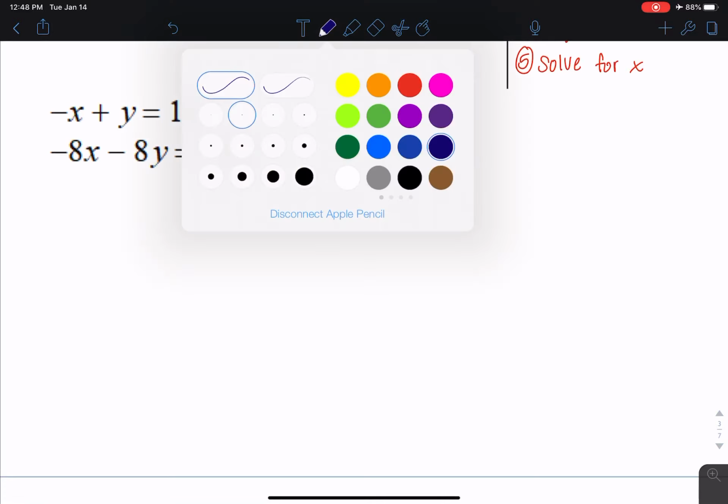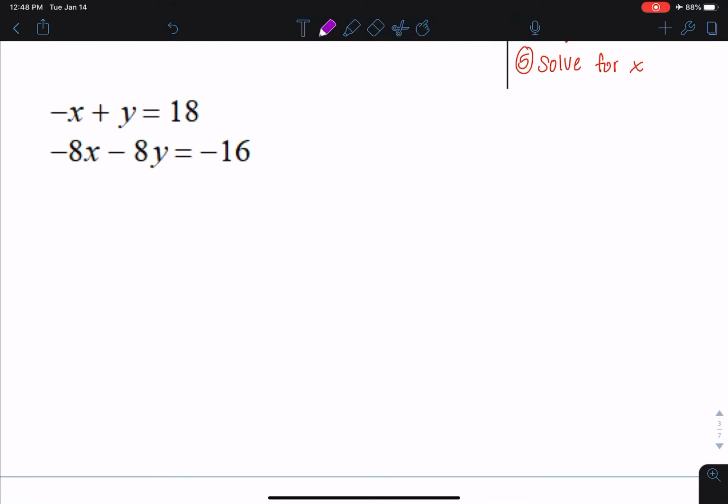Okay, so now that you've attempted it on your own, I know that my x's won't cancel and my y's won't cancel, so I have to multiply one of them by something. If I multiply the top equation by 8, then I end up with negative 8x plus 8y equals 8 times 18 is 144.